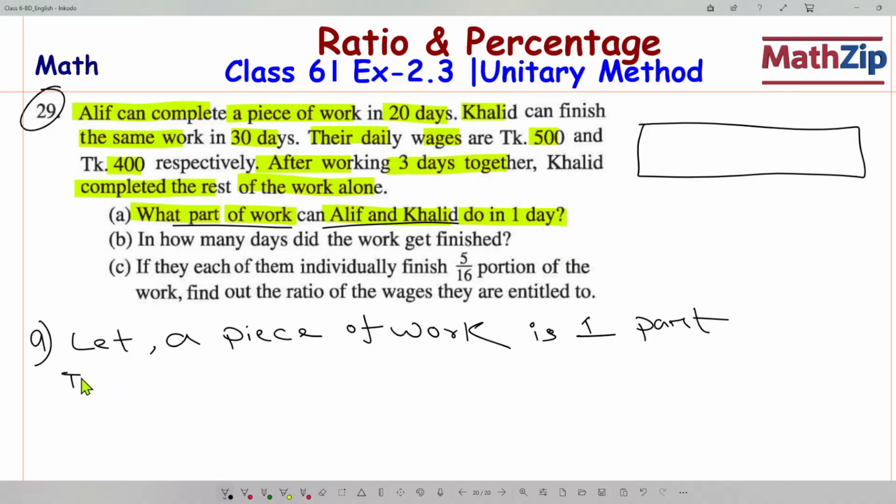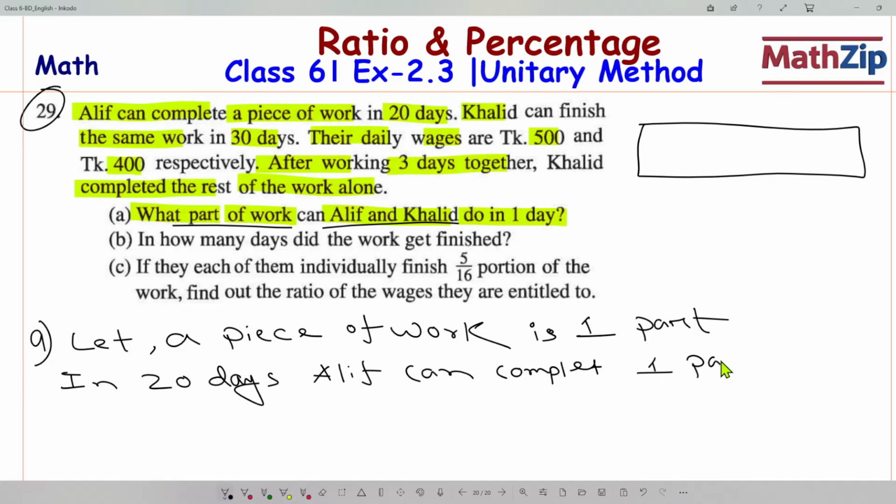So first, in 20 days, Alif can complete one part of work. So in 1 day, Alif can complete 1 by 20 part of work.